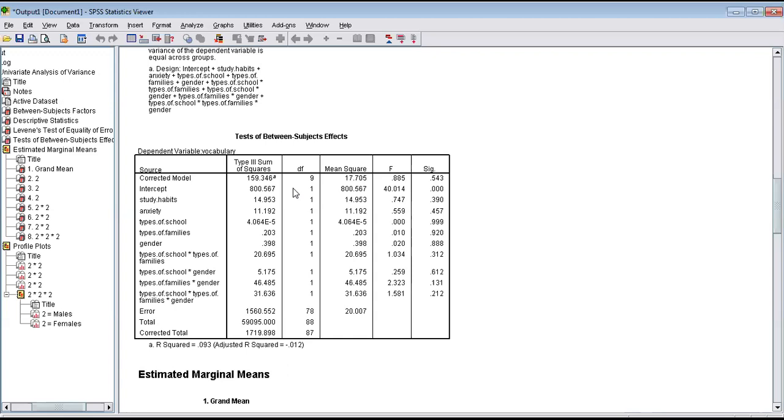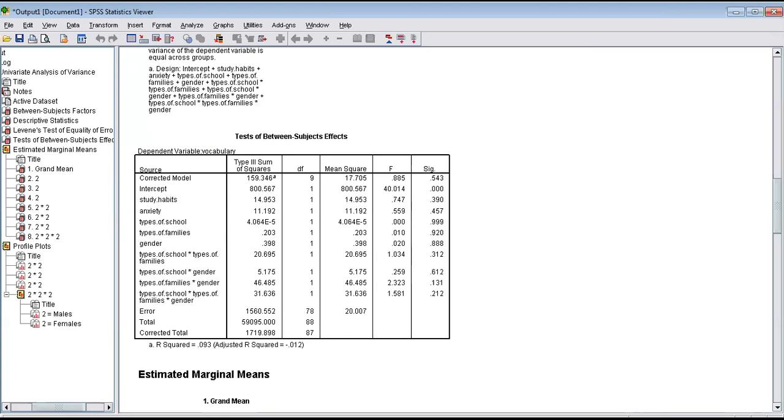Now your error is 1560.55 and then this is 20.01. So I have noted down all these values.